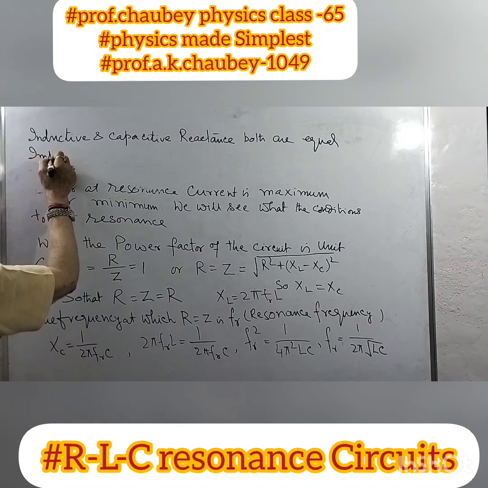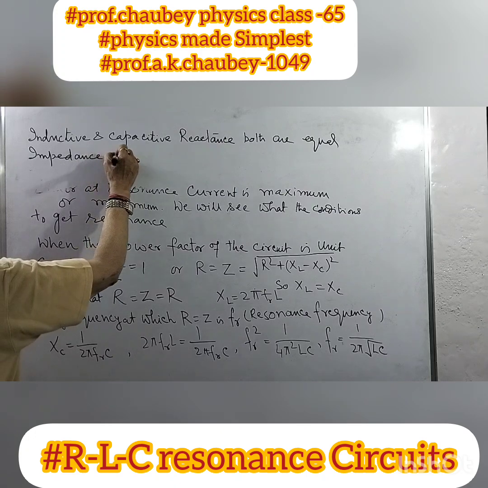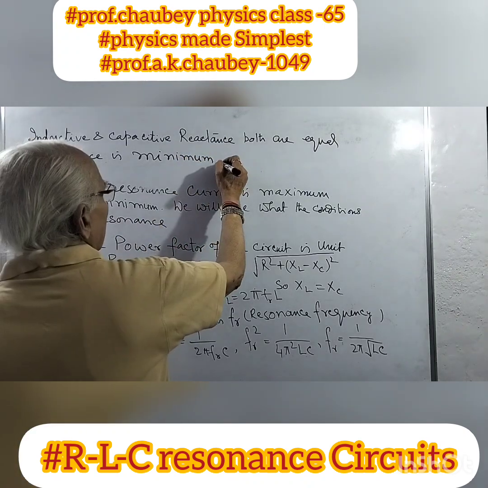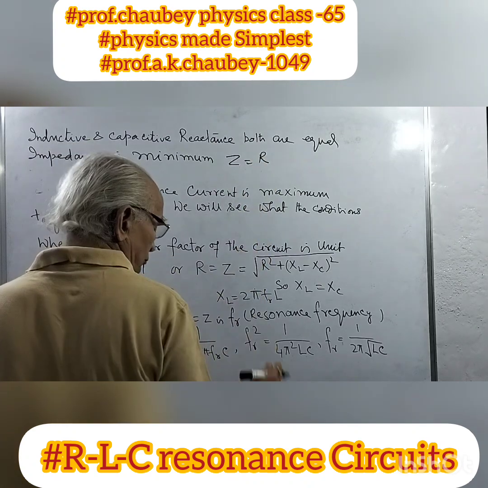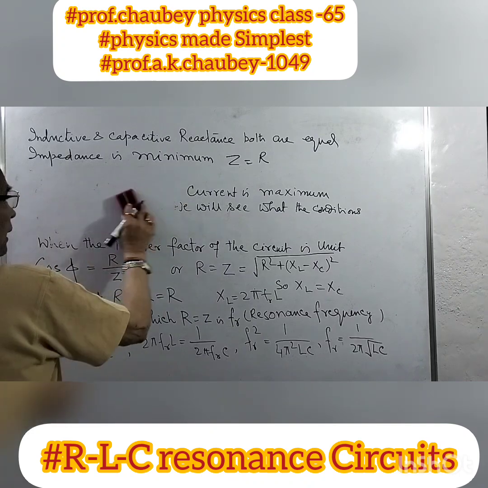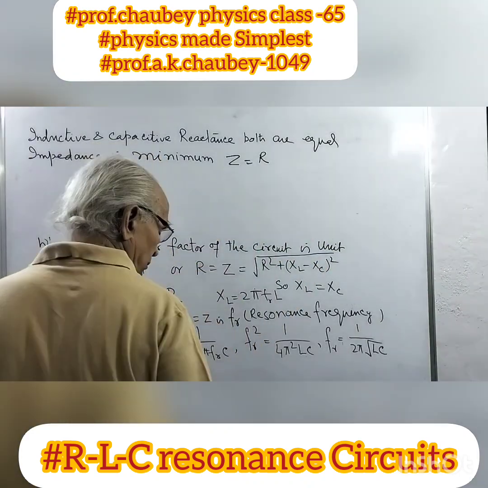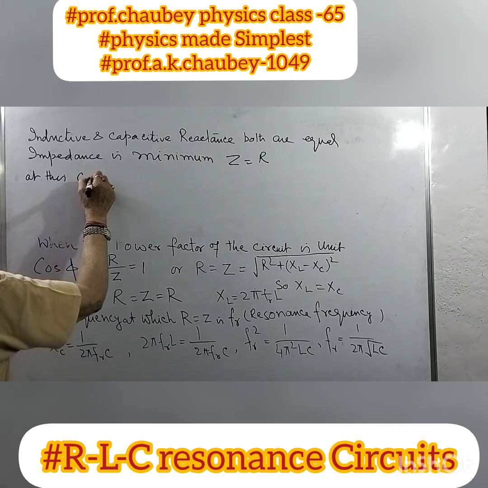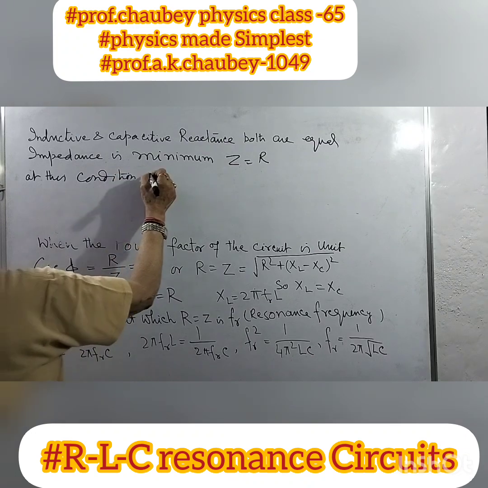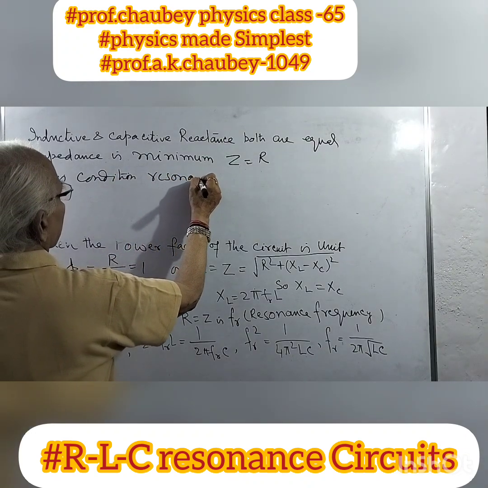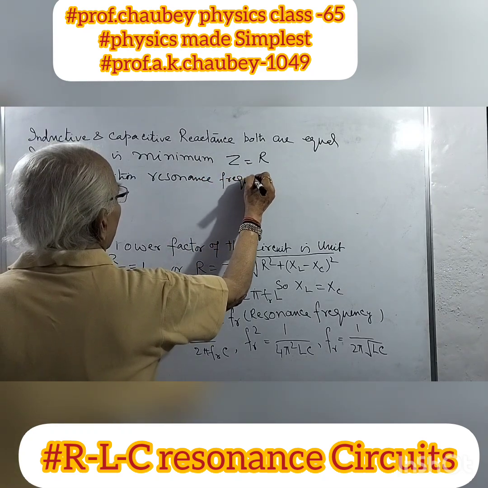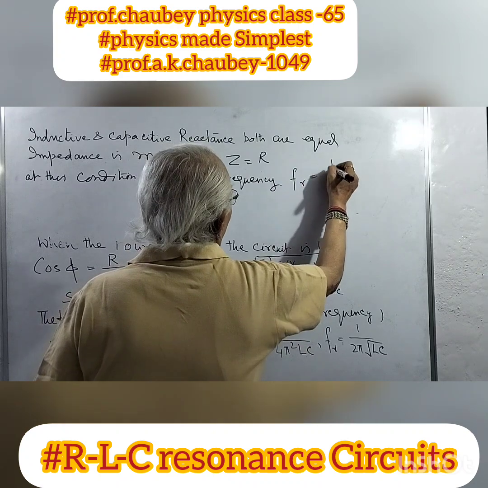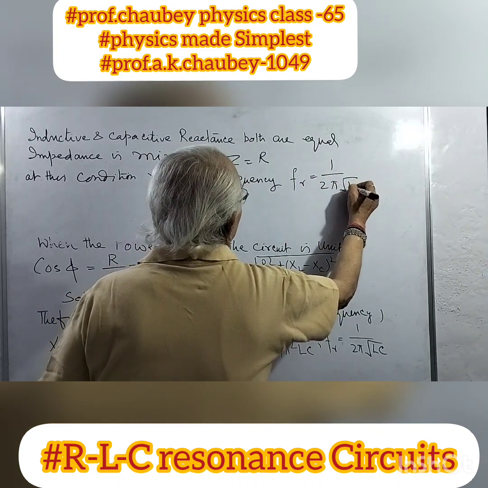Impedance is minimum, that is Z is equal to R. So the frequency at which impedance is minimum, at this condition, is the resonance frequency FR equal to 1 over 2 pi under root LC.